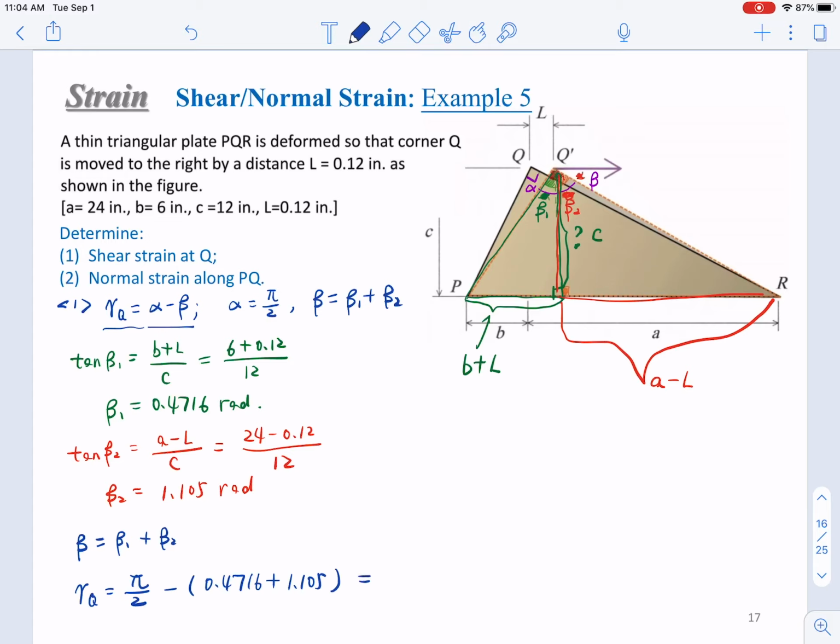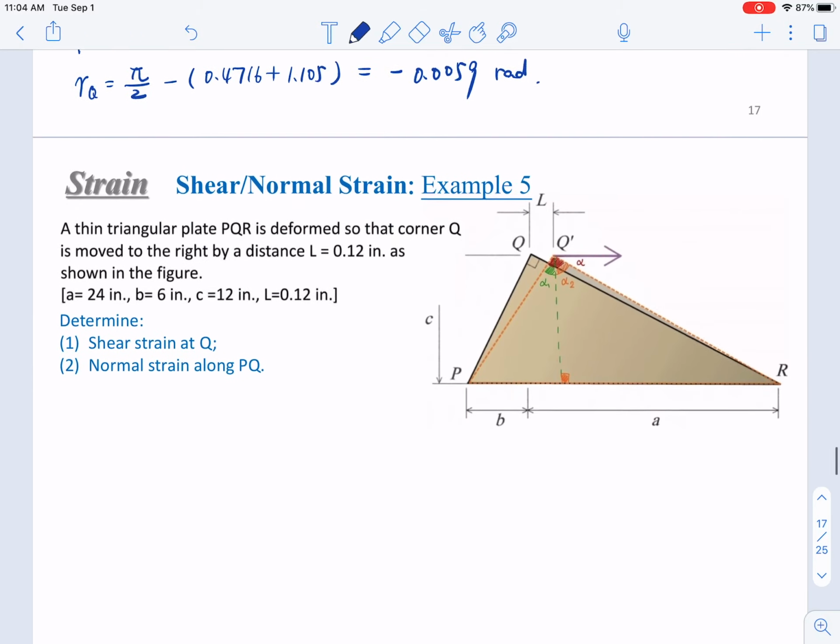So this will be negative 0.0059 radian. Again, what does the negative sign mean? It means that this angle beta is larger than pi over 2. So this is how we can use geometry to find a shear strain at a point.